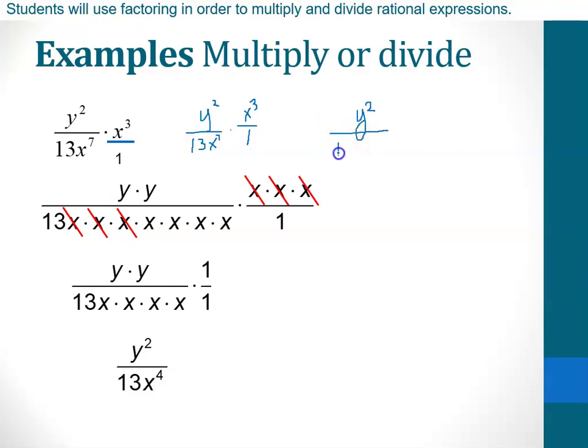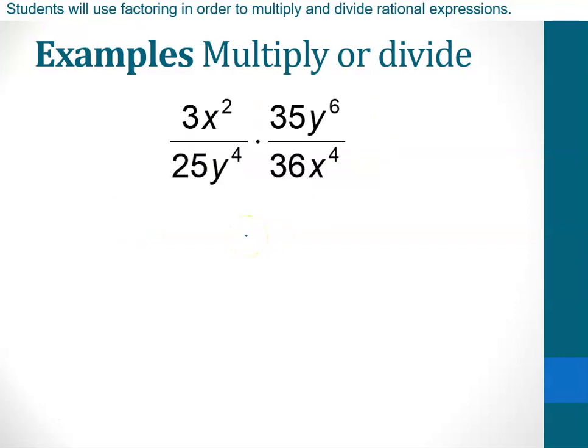The 13 is not going anywhere because there's no other numbers. But my x, here I have x to the third, here I have x to the 7th. 3 minus 7 is negative 4, so that's going to stay in the denominator. So you could have done it that way just as easily if you don't want to write it all out. If you write it all out, you're not going to make a mistake, but you are going to have some hand cramps probably.